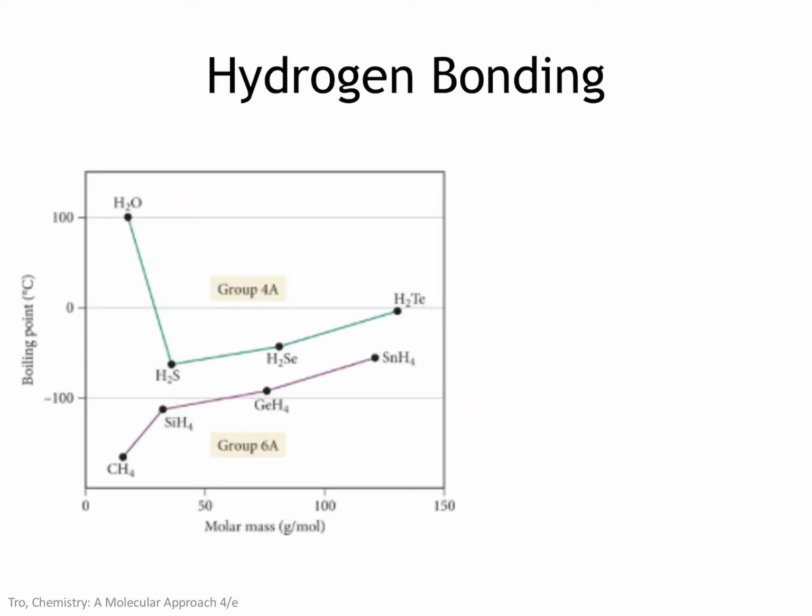Sorry that this is a little bit of a blurry picture, but you can see that because of hydrogen bonding, the boiling point of water, 100 degrees Celsius, is the largest compared to the other hydrogen compounds. Because those don't have the intermolecular force of hydrogen bonding, they just have covalent bonding between a hydrogen atom and other substances.